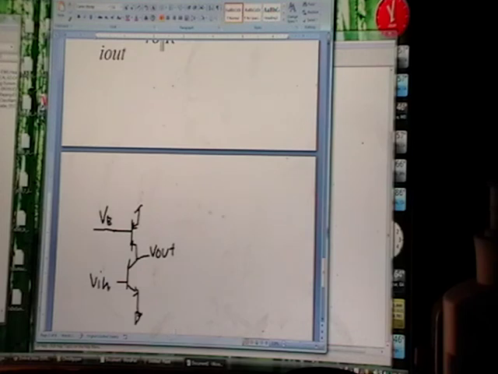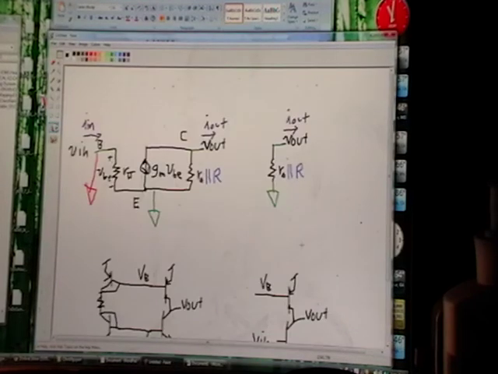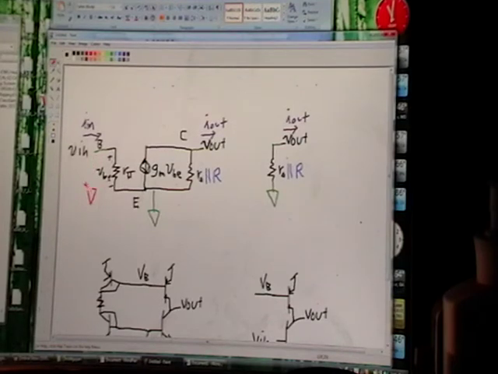Now we have to draw the small signal model. Let's see, do I have one up here? Yeah, so let's go back. If you remember, this was your NPN. The only thing that's different now is you don't have an R here.